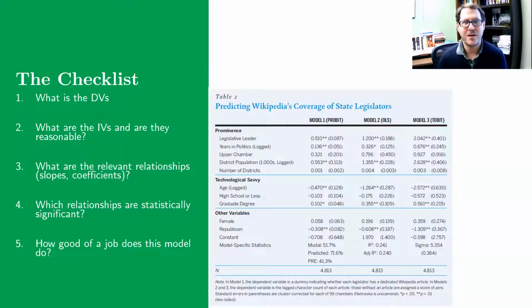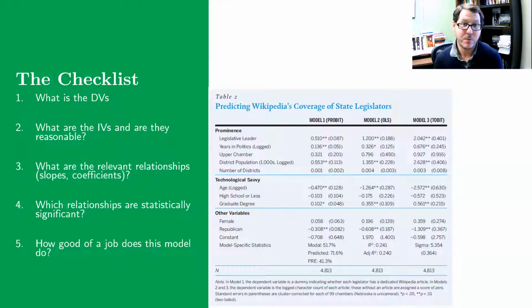In this analysis of Wikipedia articles, they have whether somebody is a leader of the legislature, years in politics logged, whether they're in the Senate, the upper chamber, the size of the district they represent, the number of districts in a state, as well as their age, which maybe is associated with being technologically savvy. Older people are typically less tech savvy than young people, and therefore are less likely to build their own Wikipedia pages, maybe.